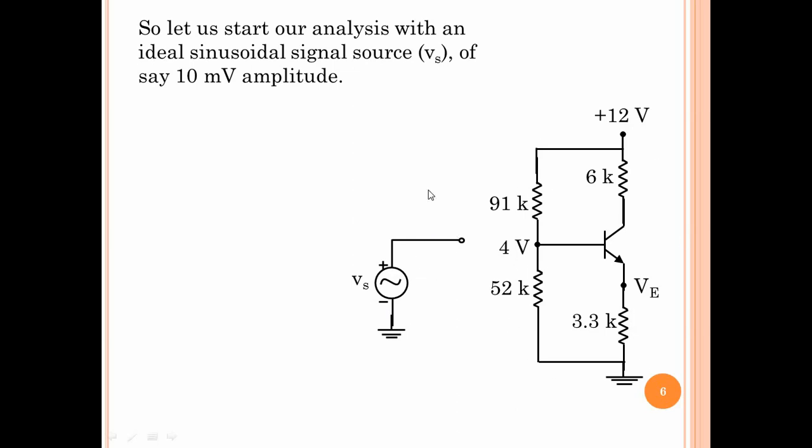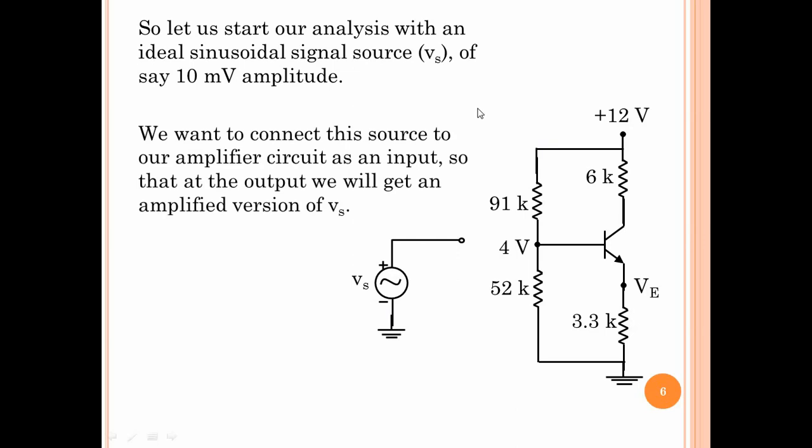Now we want to connect the signal source to the amplifier, so that when this is applied as an input to the amplifier, at the output of the amplifier we'll get some amplified version of Vs, because we are saying Vs is small, we want to amplify it. So the first question, of course, is where do we connect Vs to in this circuit? We have Vs, we have the circuit, where do we connect it?